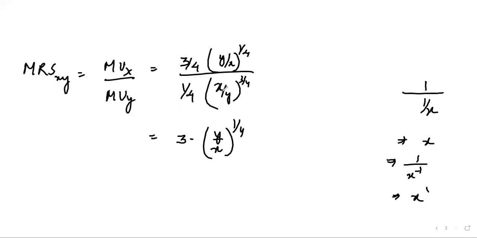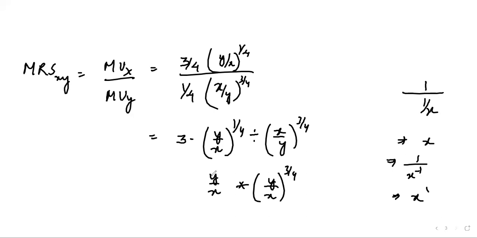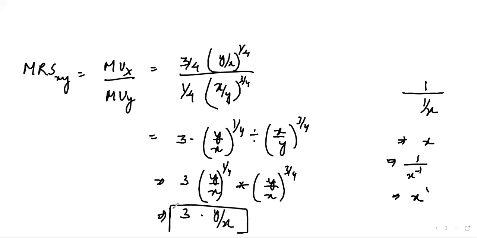When I divide by X by Y to the power 3 by 4, it means it is getting multiplied by Y by X to the power 3 by 4. Very simple, basic maths. When the base is the same, the powers get added. So 1 by 4 plus 3 by 4 is 4 by 4, which is 1. So this is 3 times Y by X. This is my MRS XY.